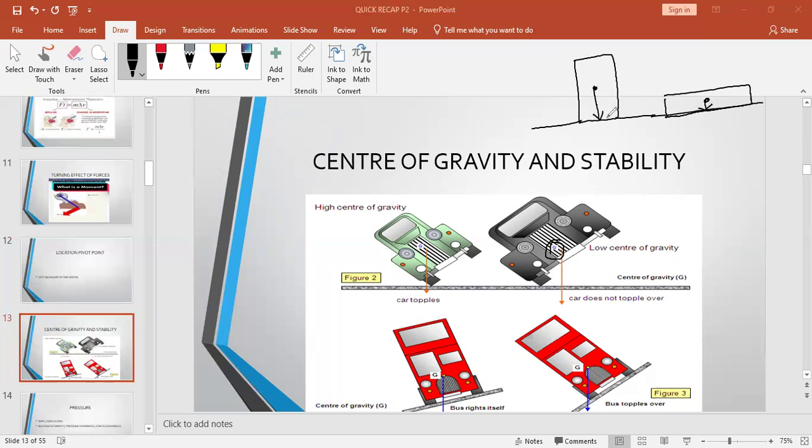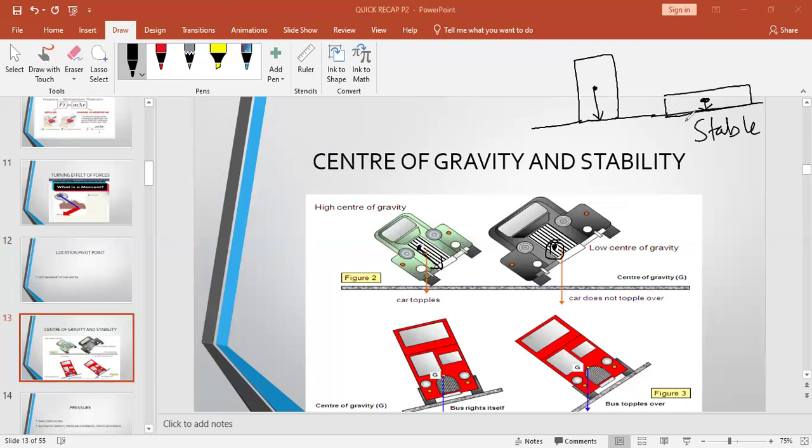Check it out, the arrow. This arrow has been raised from the ground and this arrow is down to the ground. The lower the center of gravity is, the more stable the object is. Like this car. This car is highly stable, okay? Because its center of gravity is lower to the ground. And here the center of gravity is very high, okay?